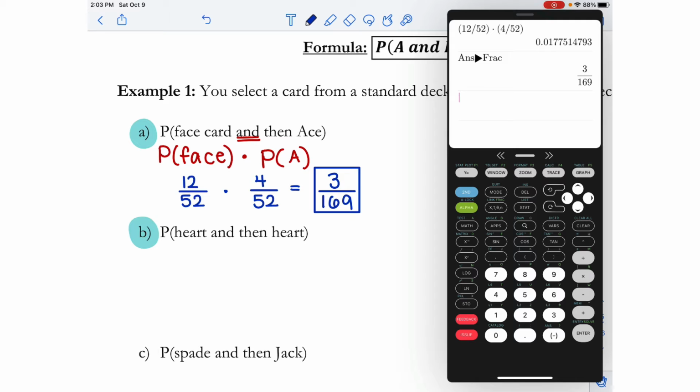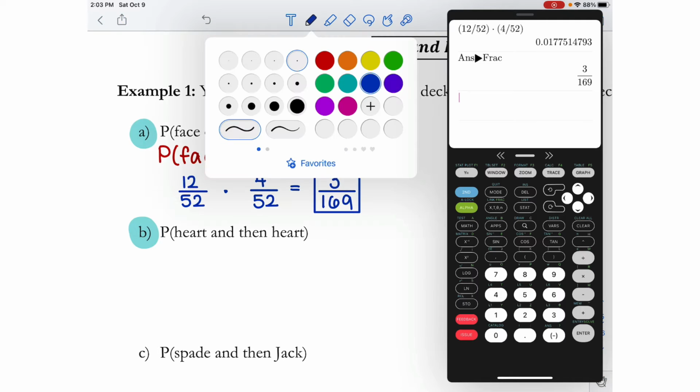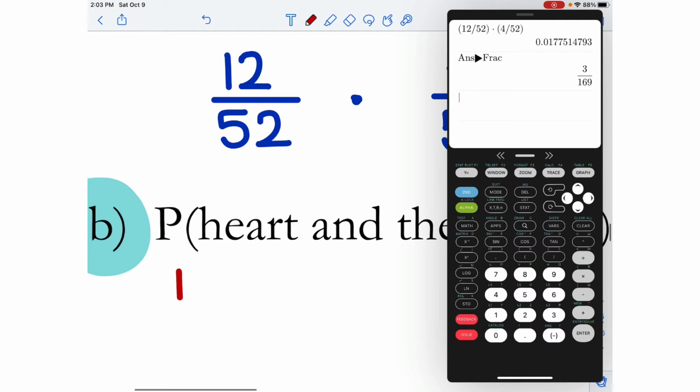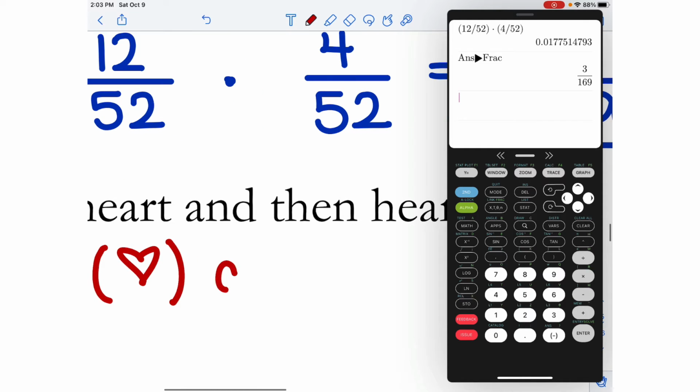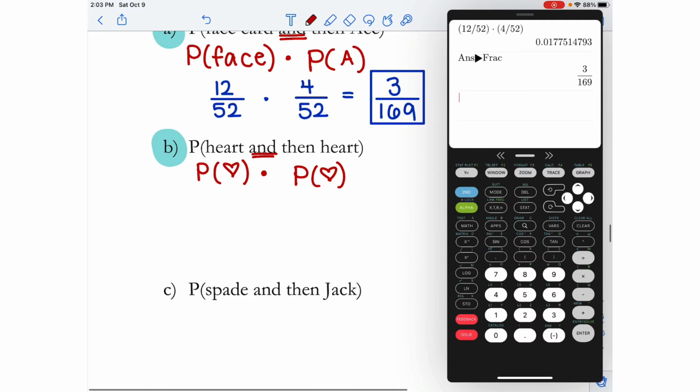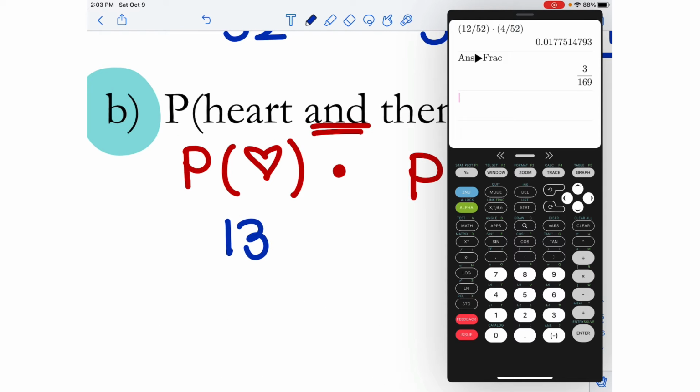The second example says, find the probability that we get a heart and then we get another heart, again with replacement. So the probability that I get one heart, and then I'm going to multiply that because it's the word and by the probability that I get a heart again. The probability that I get a heart is going to be 13 out of 52 because there's 13 hearts in a standard deck of cards.